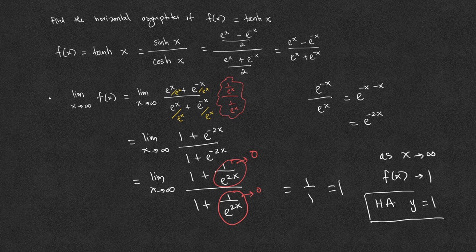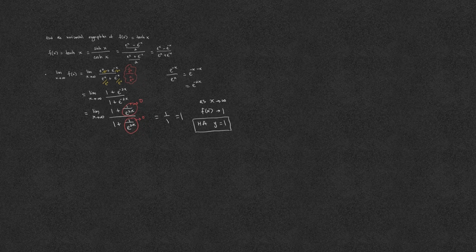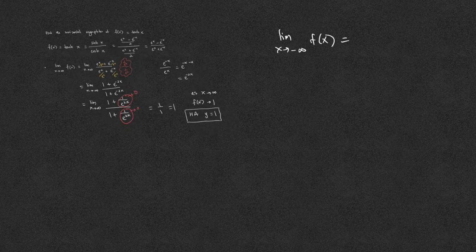But just to be safe, we are going to check the limit as x goes to negative infinity as well. The limit as x goes to negative infinity of the function is the limit as x goes to negative infinity of e to the x minus e to the negative x over e to the x plus e to the negative x.